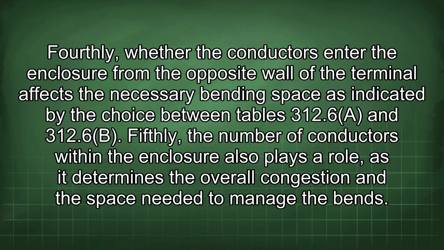Fourthly, whether the conductors enter the enclosure from the opposite wall of the terminal affects the necessary bending space, as indicated by the choice between Tables 312.6(A) and 312.6(B). Fifthly, the number of conductors within the enclosure also plays a role, as it determines the overall congestion and the space needed to manage the bends.